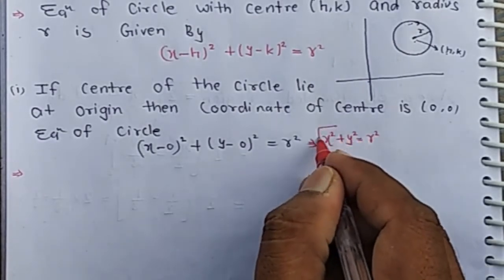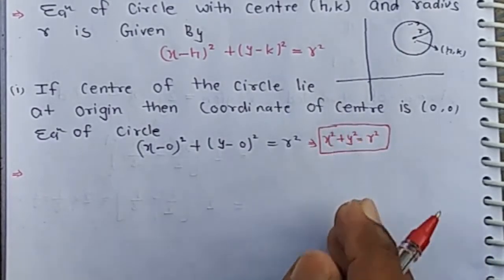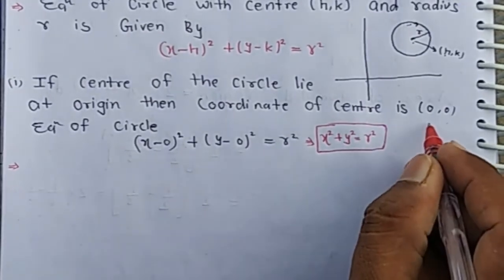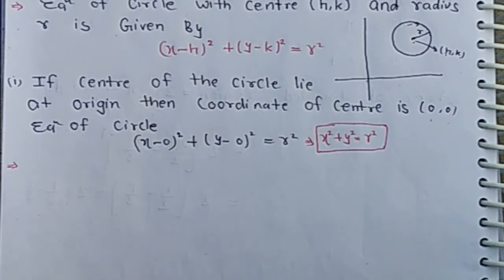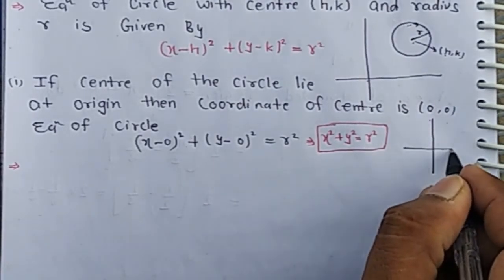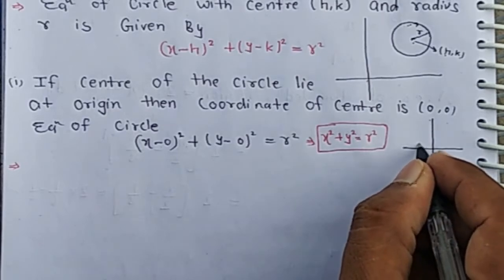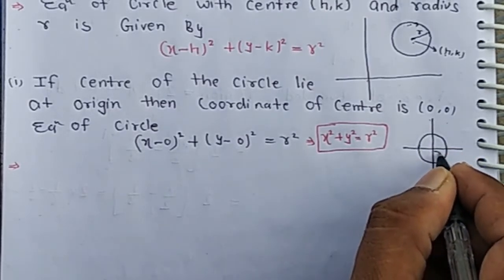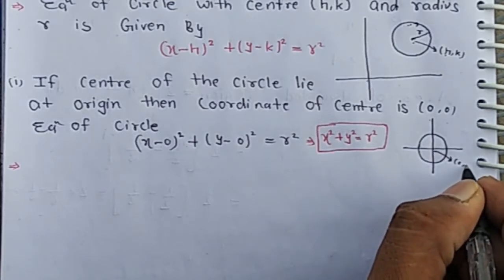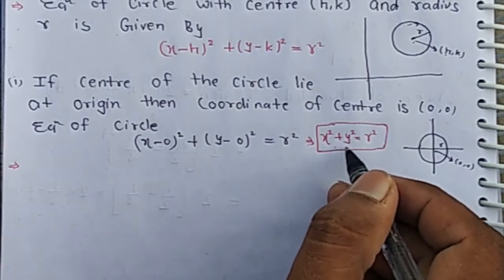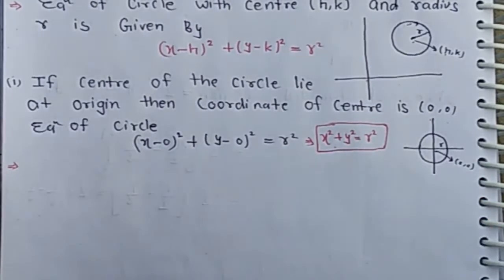It is the equation of circle when center lies at origin. Means if center lies at origin, it is 0, 0 and radius is r, then equation of circle is given by x square plus y square equal r square.